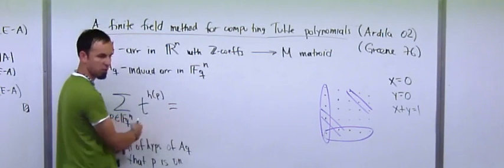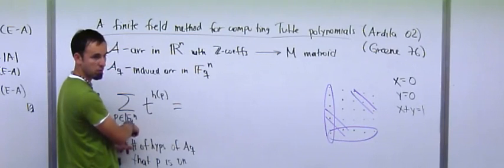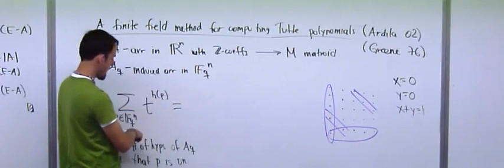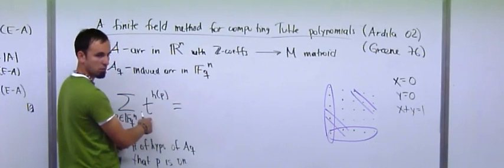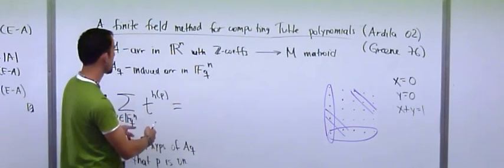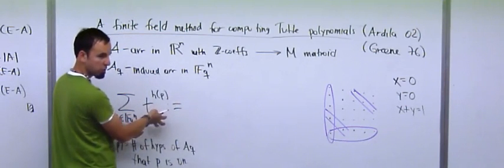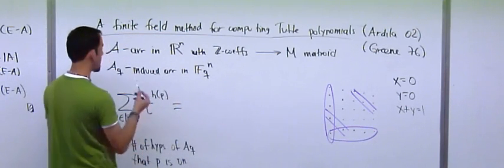So how many variables are involved here? Well, I have one variable, which is q, the size of the field, and I have another variable, which is t, taking t to the number of hyperplanes. So what the theorem says is that this is basically the Tutte polynomial. So if you compute this, then you have the Tutte polynomial.